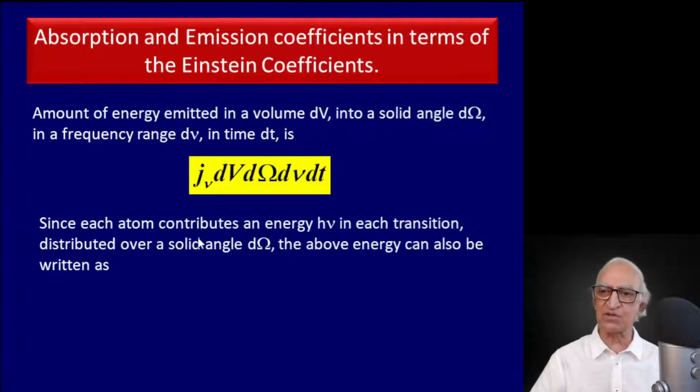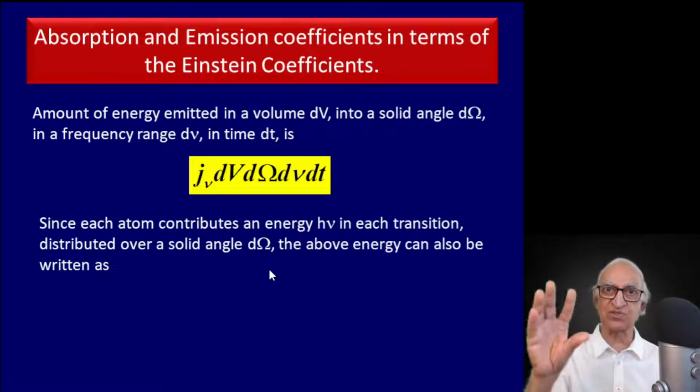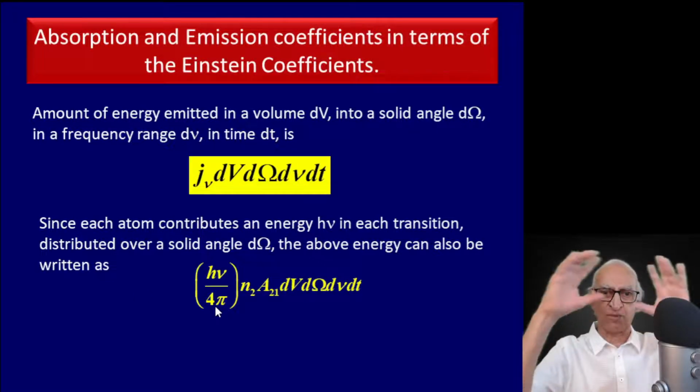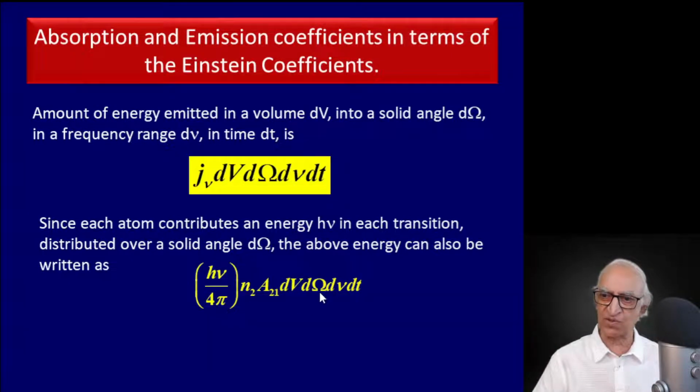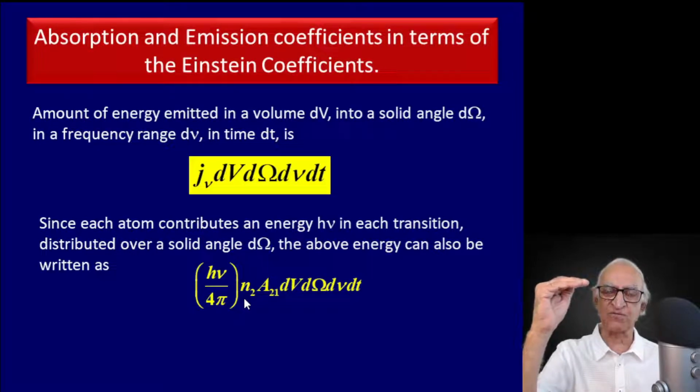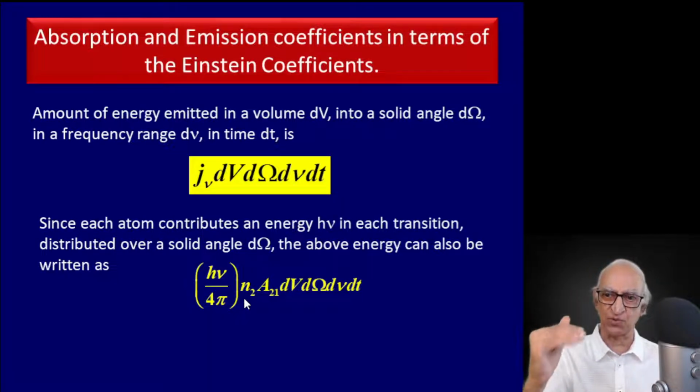Now, since each atom contributes an energy h nu in each jump or each transition, and this goes into a solid angle d omega, this expression for the energy can also be written as h nu over 4 pi, going into solid angle d omega, multiplied by N2 into A21, where N2 is the number of atoms in the upper level 2 and A21 is the Einstein coefficient for spontaneous emission from level 2 to level 1.